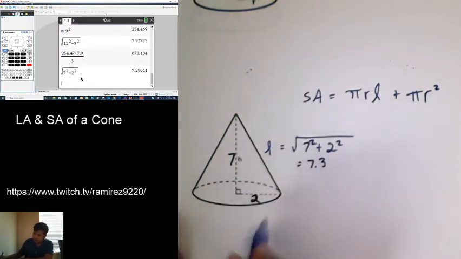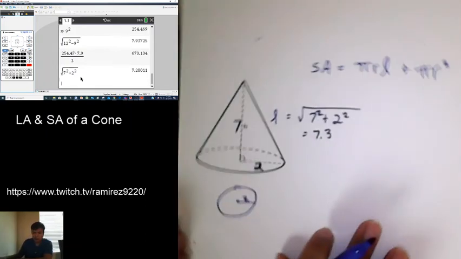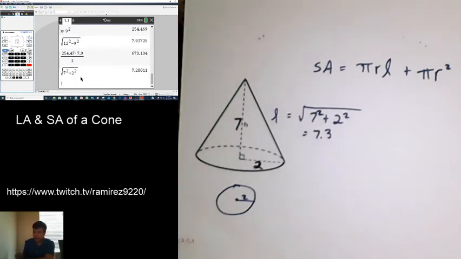Now as for the area of the circle, here's my circle, the radius is 2. Just watch out for if they give you the diameter instead. Remember, just divide by 2.